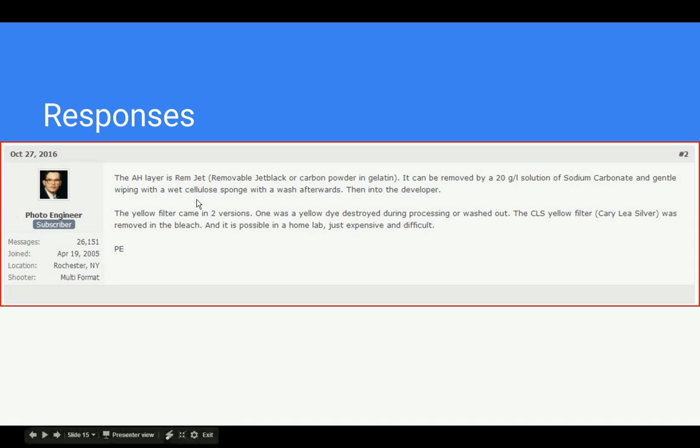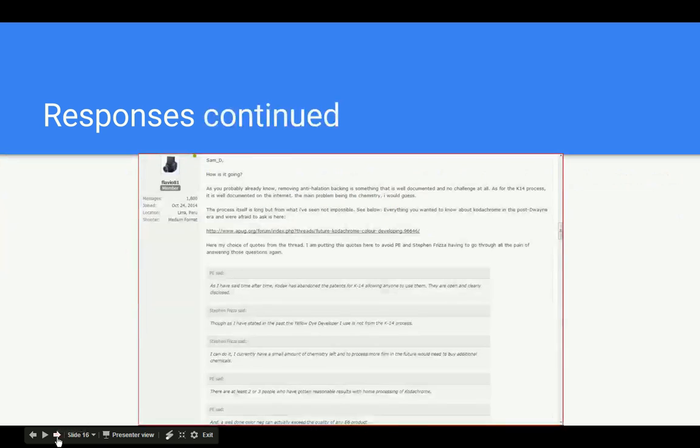It's, I believe, a brand name, and he explained how it's removed in the process, and explained to me what the yellow filter was. That it was Carey Lea silver, which I explained earlier, or just simply a yellow dye that gets washed out during development. In addition to the photo engineer, I had a number of other responses.